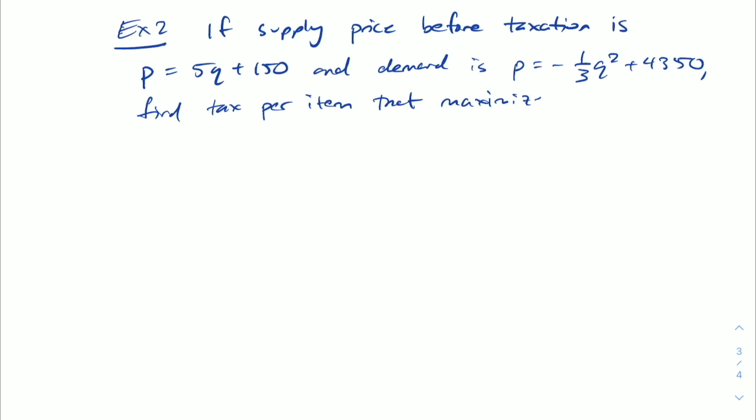The process is going to be the same as the last one. We just have a quadratic price instead of a linear price for our demand.